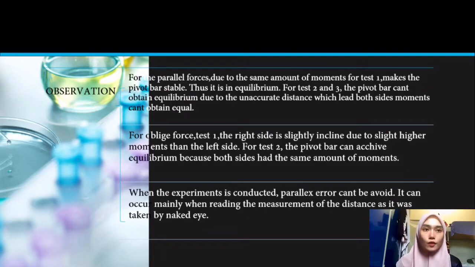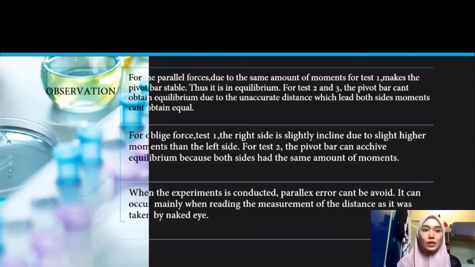For the oblique force in test 1, the right side is slightly inclined due to a slightly higher moment than the left side. For test 2, the pivot bar achieves equilibrium because both sides have the same amount of moments.